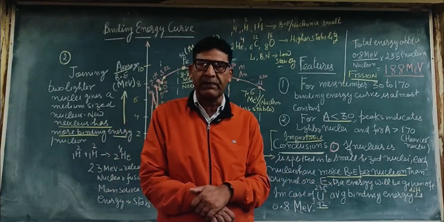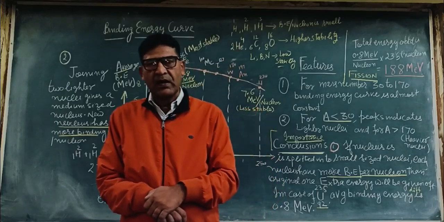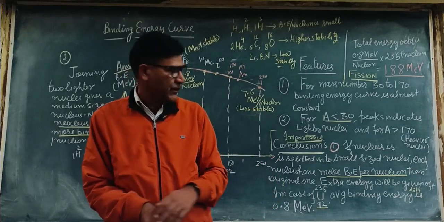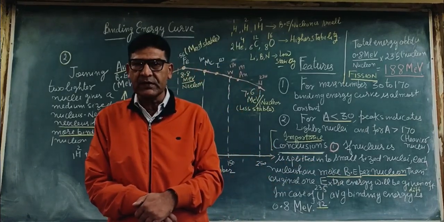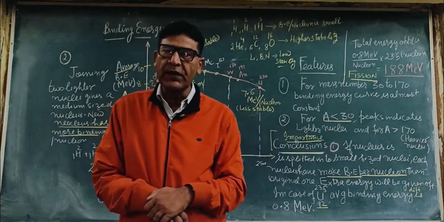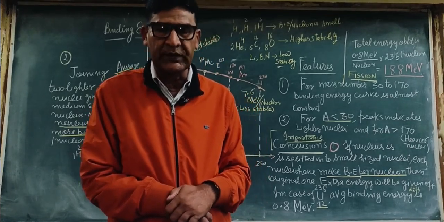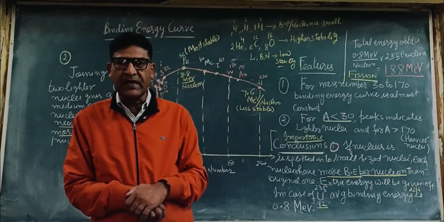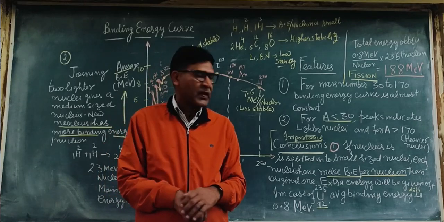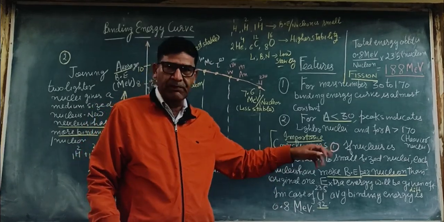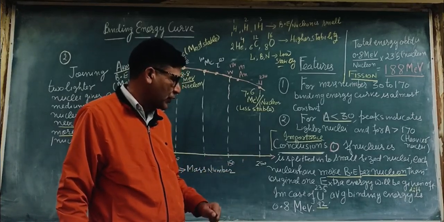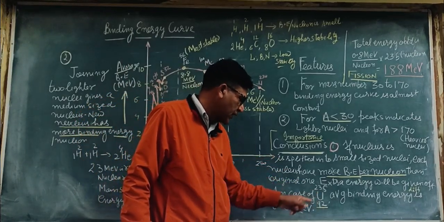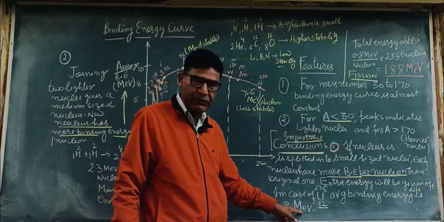The fragments we get after the bombardment of the uranium nucleus, these daughter nuclei will have more binding energy, and that energy is released in the form of binding energy per nucleon. Understand it this way: the binding energy difference per nucleon for uranium 235 is 0.8 MeV.